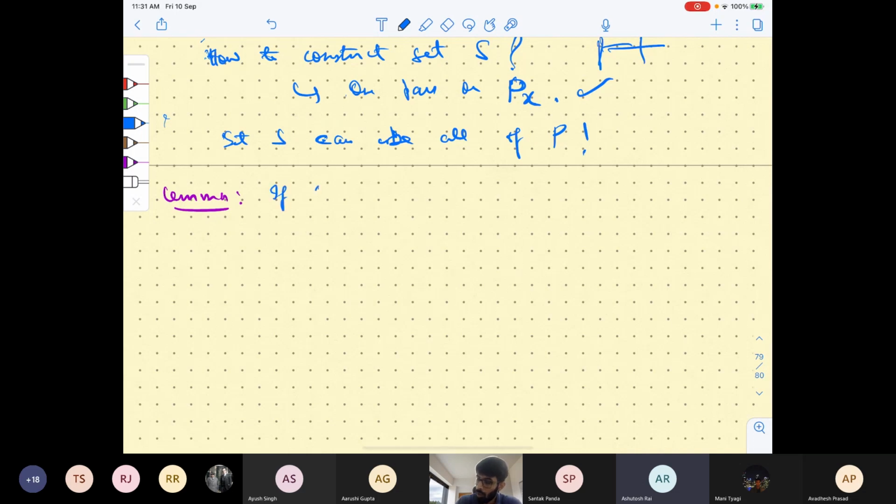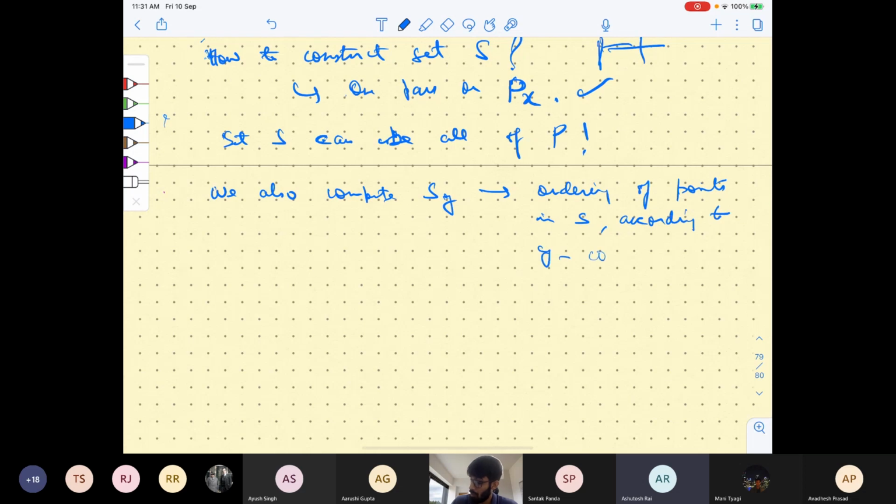Before we write the next lemma, we have this set S now, and we also compute Sy, the ordering of points in S according to Y coordinate. And how can we make Sy?